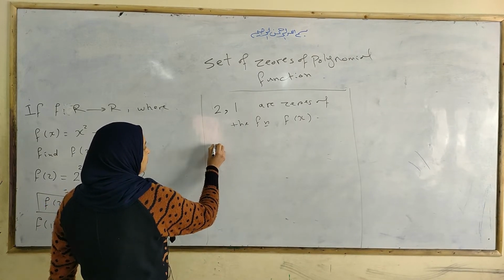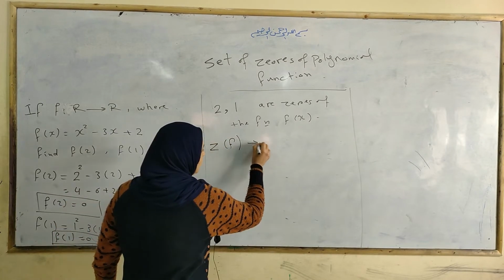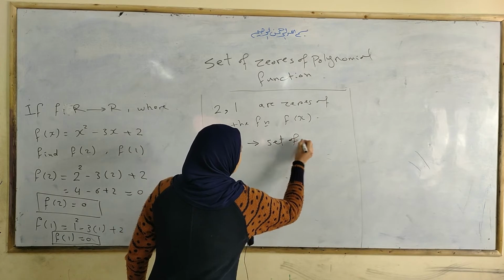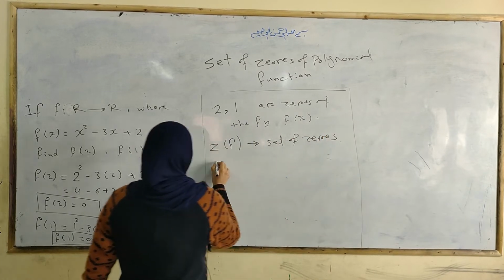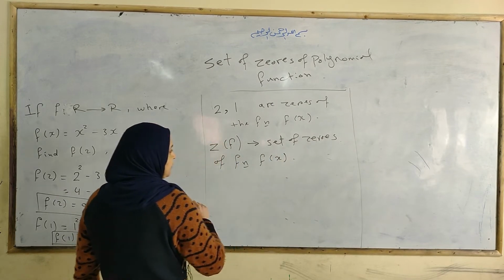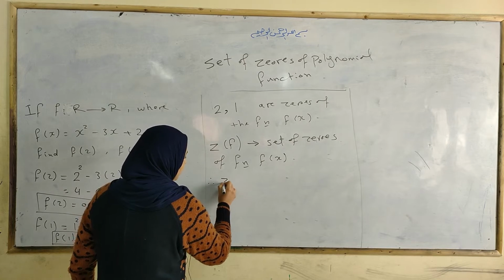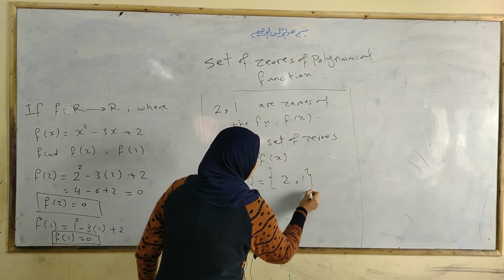So Z of f is called the set of zeros of the function f of x. Therefore, Z of f equals the set of 2 and 1.